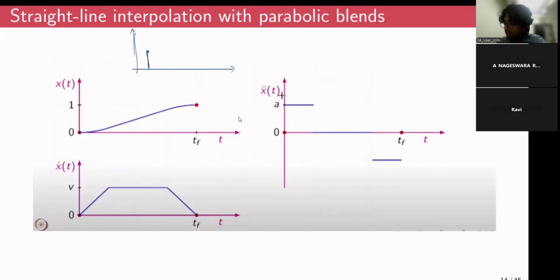If you have an initial time t0 and a final time tf, and if you have an initial position xi and a final position xf, if you plan a straight line throughout, from initial time to final time, your velocity profile would look something like this. It'll be a constant, but it'll have an instantaneous jump to that constant value at initial time, and an instantaneous drop to 0 at final time.